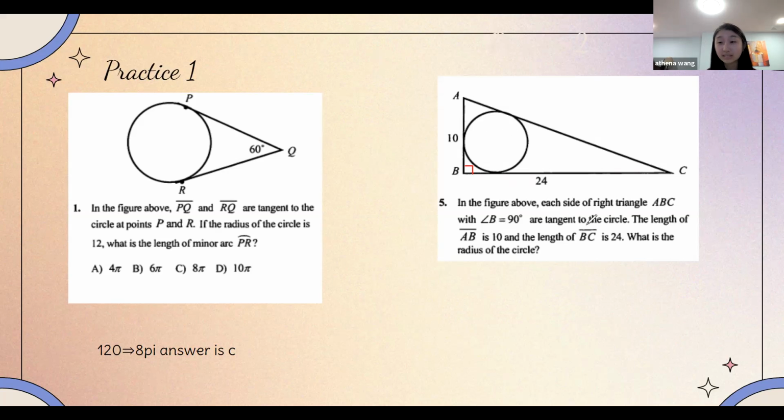And we see the word tangent again. That means that we should draw in the center of our circle and the three tangents. So those are all 90 degrees. We also know that the length of AB is 10 and the length of BC is 24. So we're trying to find the radius of this circle.